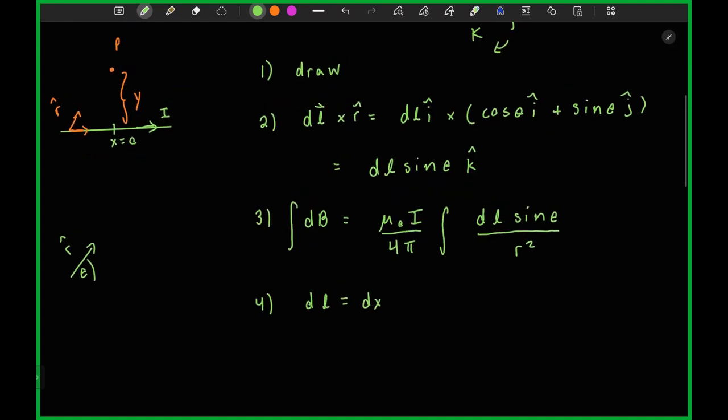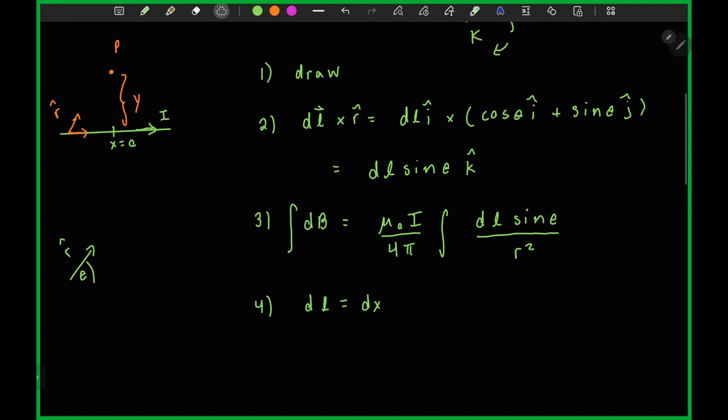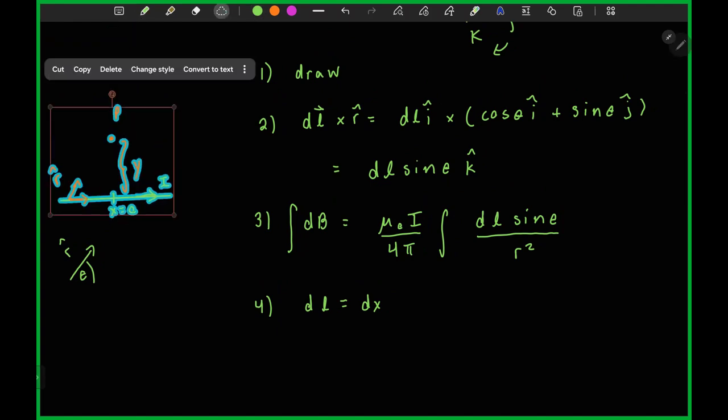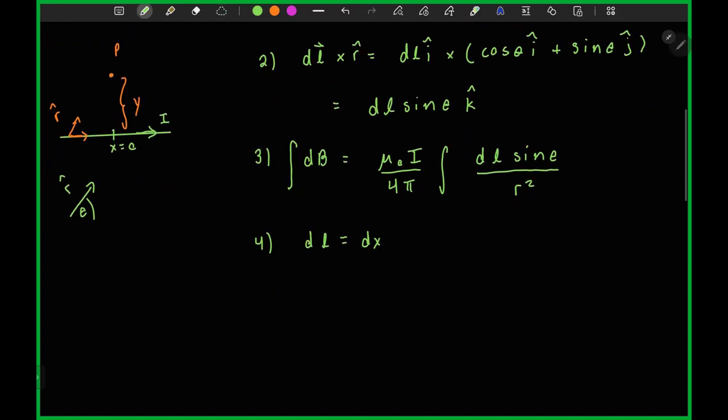Let's bring our diagram down. We'll begin by stating that our integral is mu naught I over 4 pi. That has not changed. Our variable of integration is now dx, and our job now is to rewrite sine theta and r squared in terms of x. So let's consider an arbitrary point at a distance x from the origin.